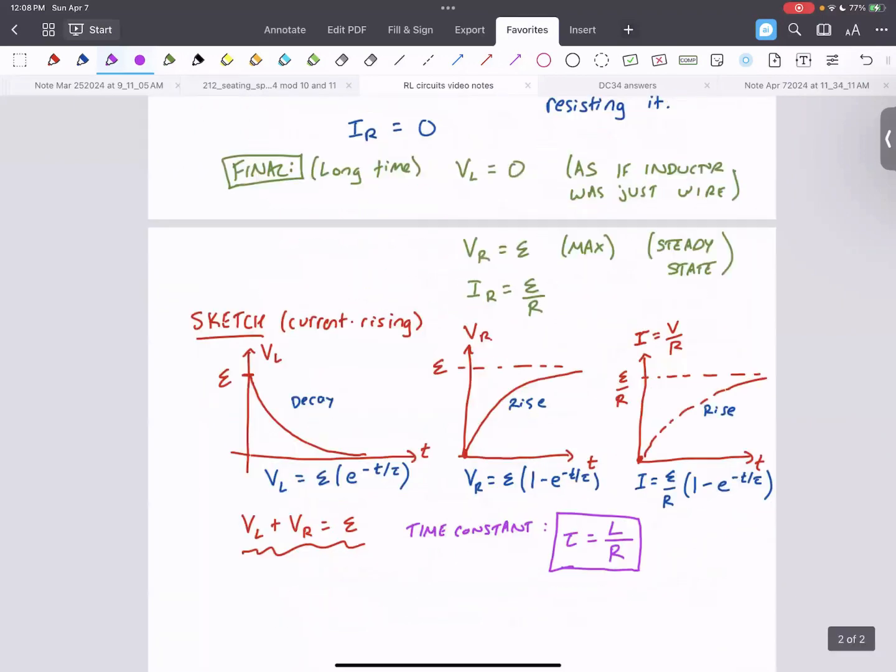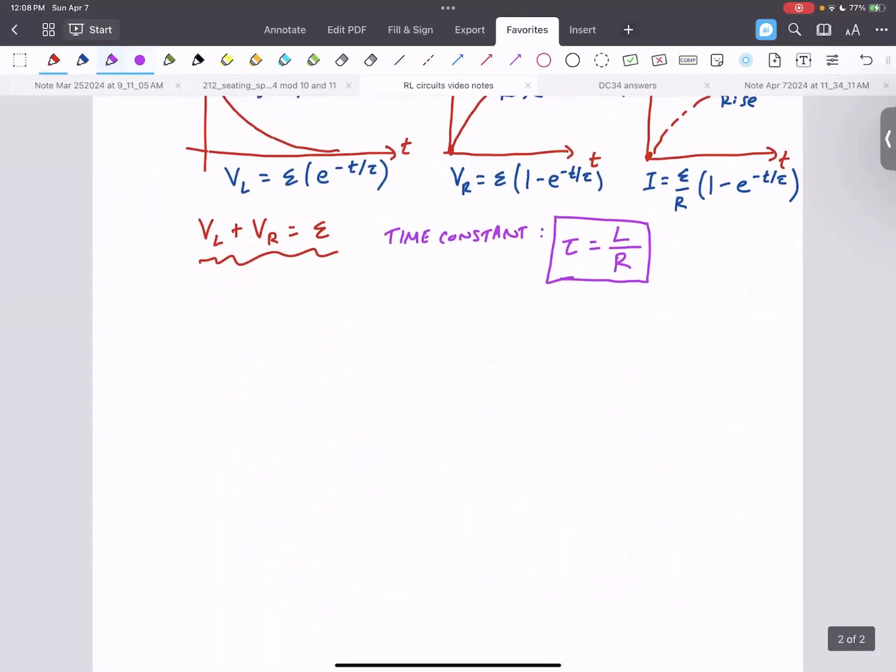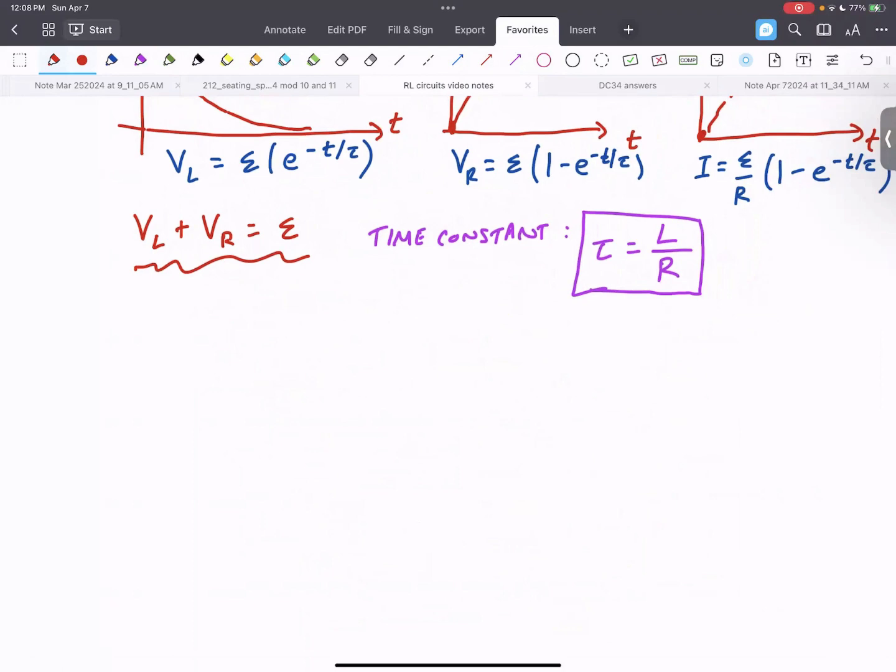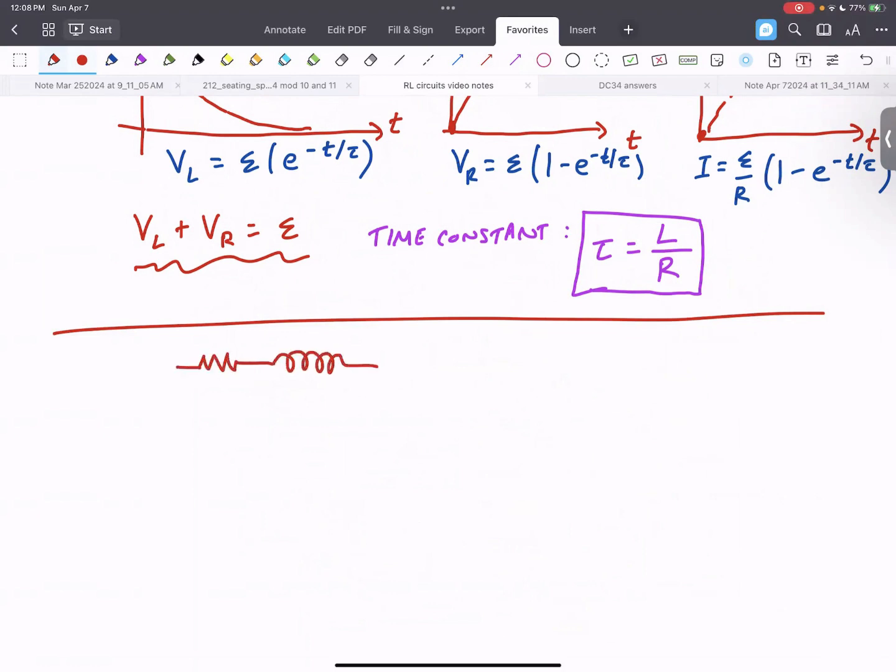So now let's say I'm going to take this circuit, and I'll put in the resistor here, and I'll draw my inductor again. So there's my R, and there's my L. And what I'm going to do now is basically short out.